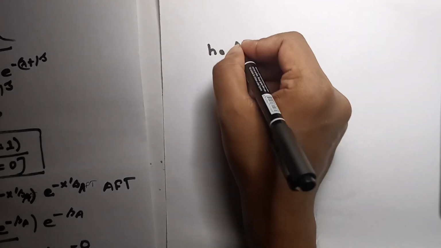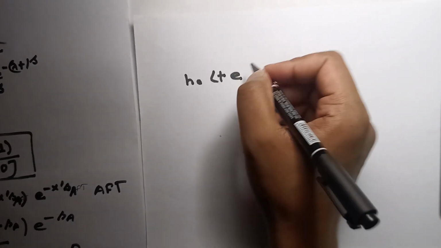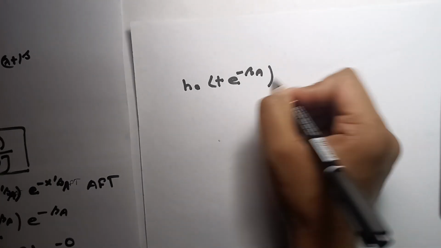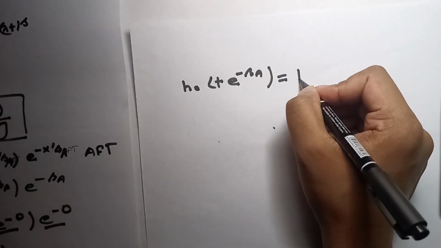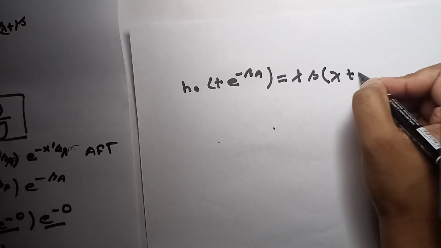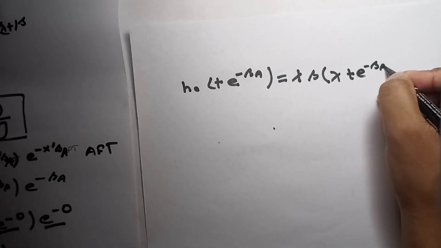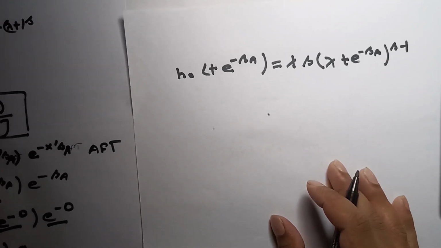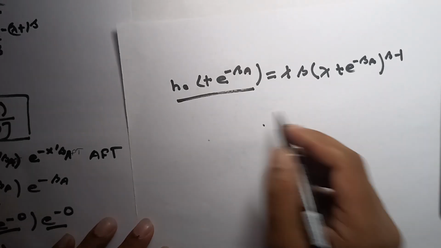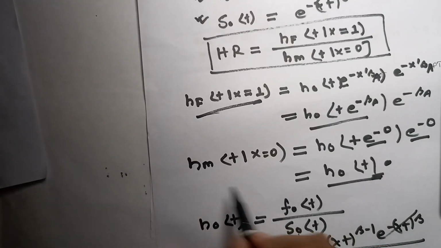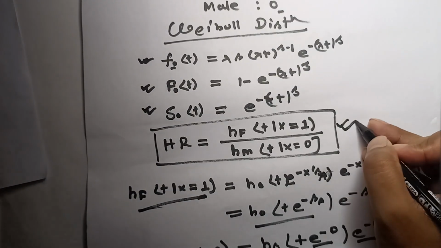H naught t e to the power beta A is equal to lambda beta, lambda t e to the power beta A, beta minus 1, sorry. So that is the value of this. All right, okay, fair enough. Now I found these two values, so I'm ready to find this one.